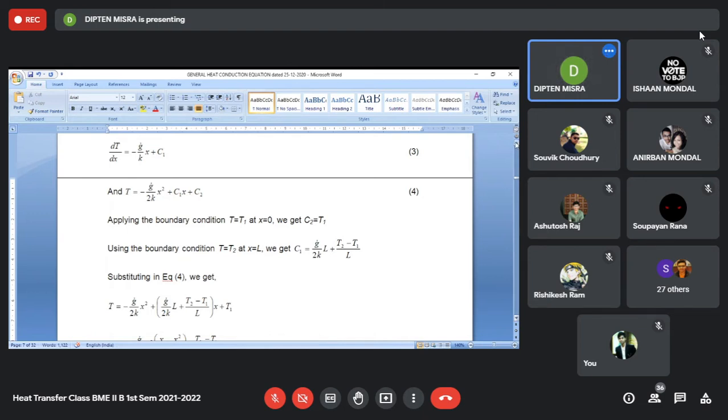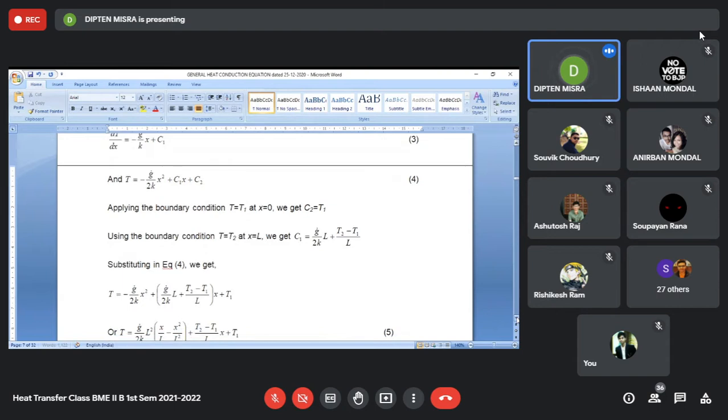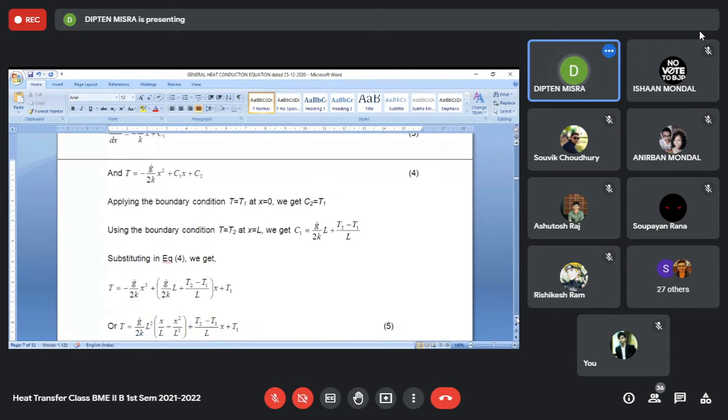First of all, why at all do we find out this thing? To find out the temperature distribution, how does it help us? As you are aware now, the subject is heat transfer, and the objective of this subject is to find out the rate of heat transfer, not the temperature distribution in general.